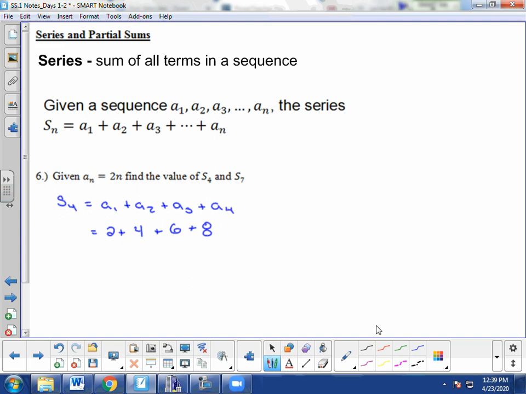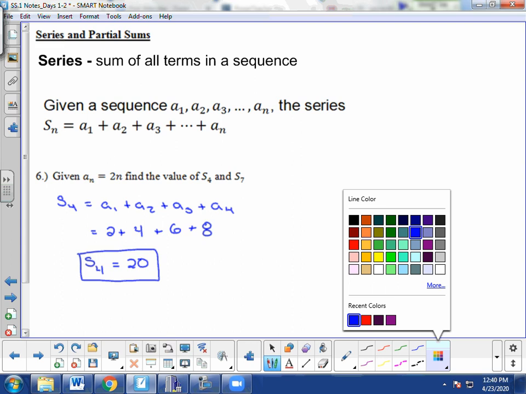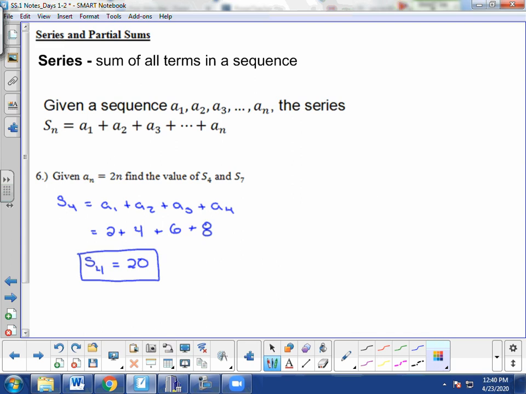And so if I wanted to find the series for the first 4 terms, s sub 4, that would be 2 plus 4 plus 6 plus 8, which is 20. So s sub 4, the series for the first 4 terms, is 20. See if you can find s sub 7, or the series for the first 7 terms of a sub n. So pause the video now.